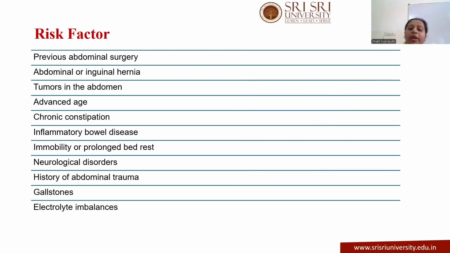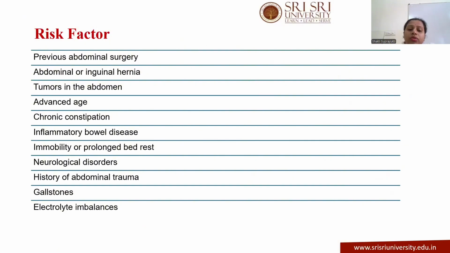Immobility or prolonged bed rest slows the intestinal movement and increases the risk of functional problems. Then neurological disorder also affects the control of bowel activity and nerve signals. Then gallstones, rarely entering the intestine, can also cause obstruction.